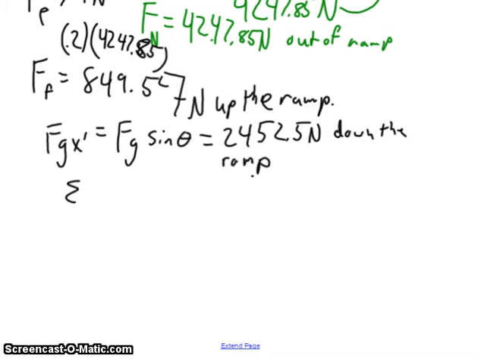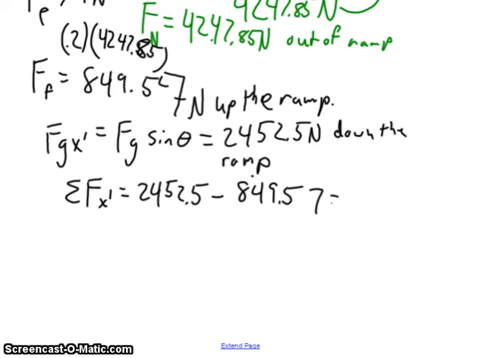And so our net force in the x prime direction is equal to 2,452.5 minus our friction force, which is 849.57, which gives us a total net force of 1602.93 newtons down the ramp.